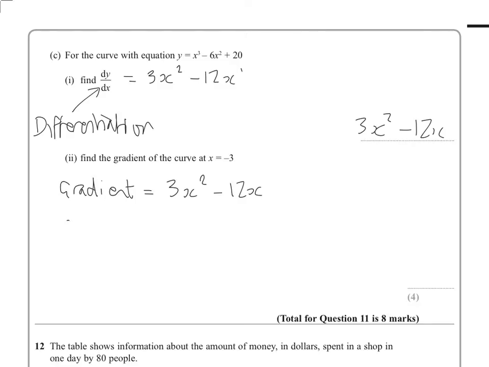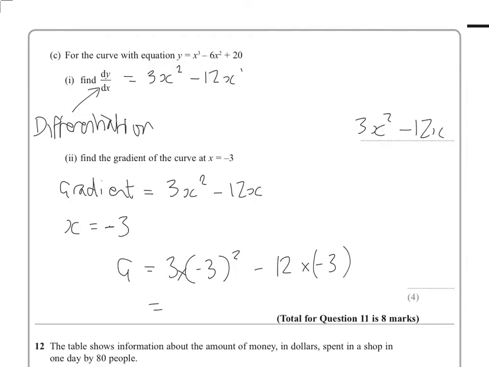When x is equal to minus 3, we sub that into the equation, and the gradient is going to equal 3 times minus 3 squared minus 12 times minus 3. Now, it's important to remember that a negative squared is positive.